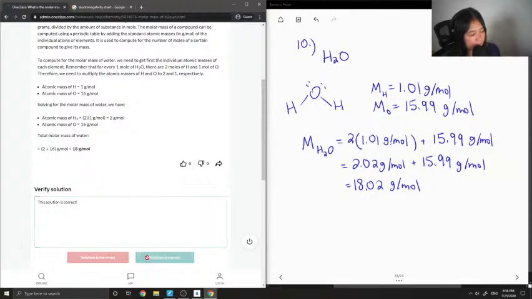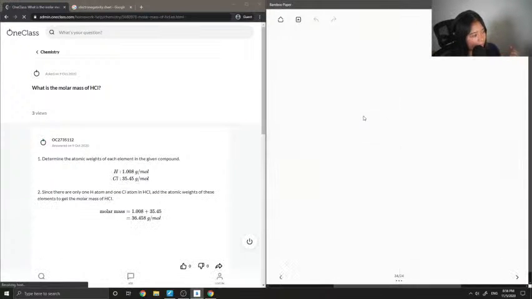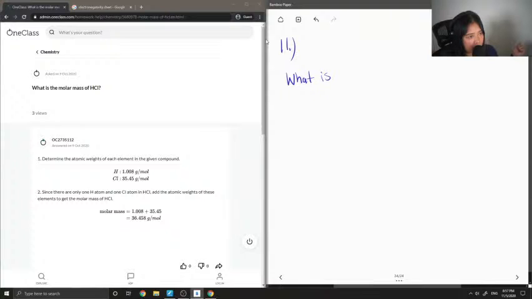Okay, so now let's move on to question number 11. So here we have another molar mass problem. What is the molar mass of HCl?